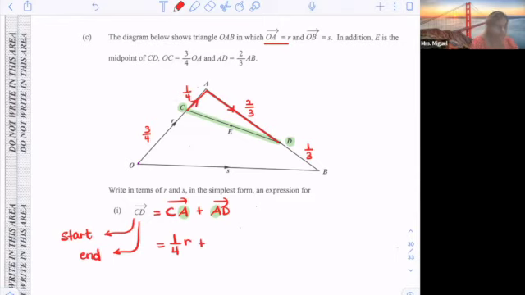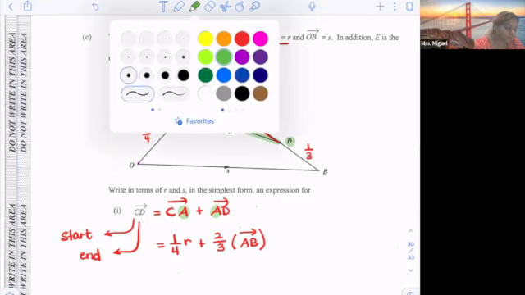AD is 2/3 AB. So we need to find the vector AB because that wasn't given. So watch this.